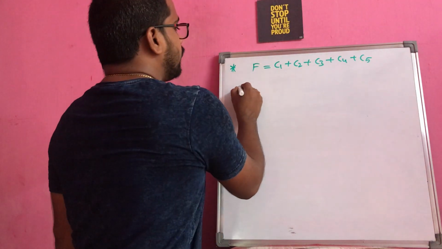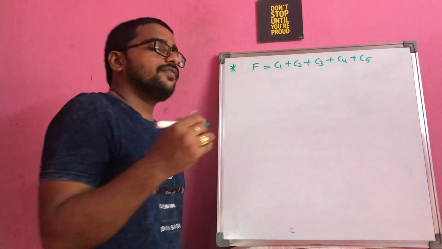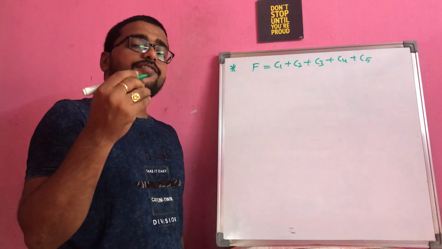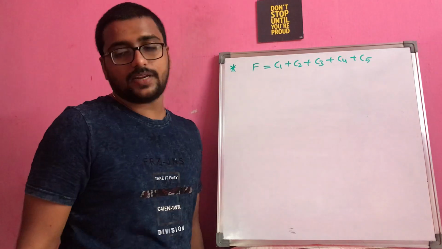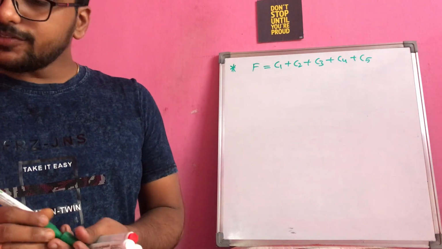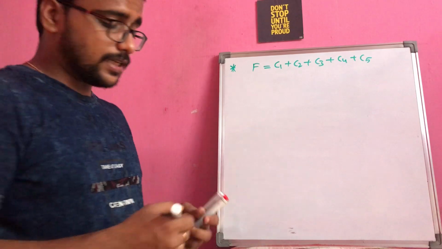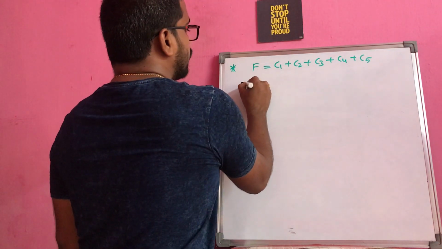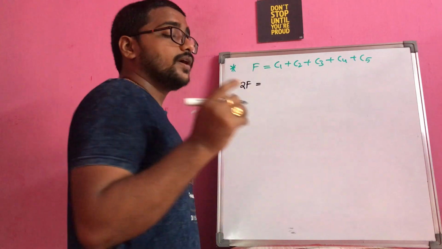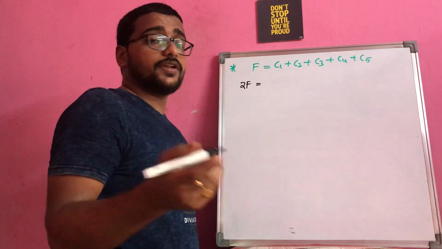So after 15 years, every child's age will increase by 15 years. After 15 years, the sum of ages of children is twice the father's age. So 2 times f is equal to the sum after 15 years.